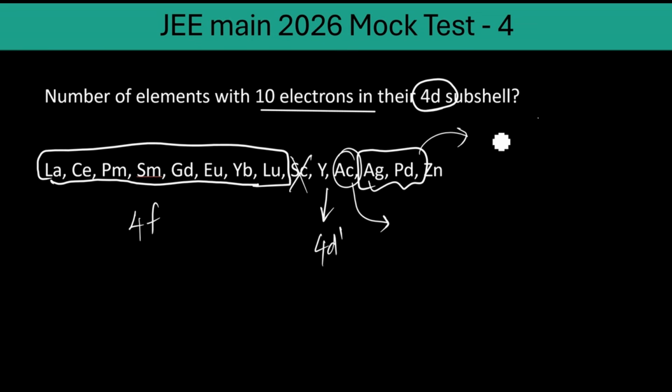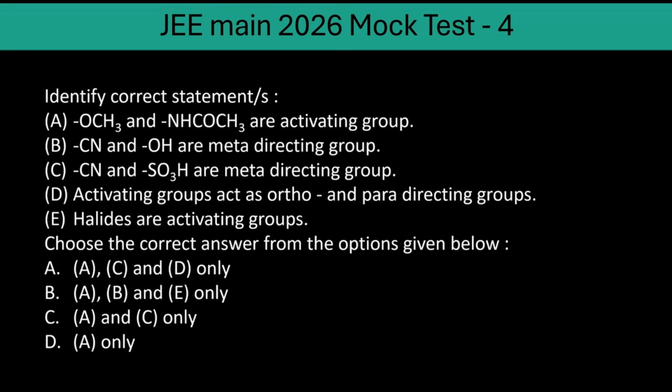Silver, after krypton, will have 4d10 5s1, and palladium also after krypton has 4d10 configuration. So these two will have, zinc will not have, that we know. So only these f block elements and actinium, silver and palladium will have 4d10 electrons.